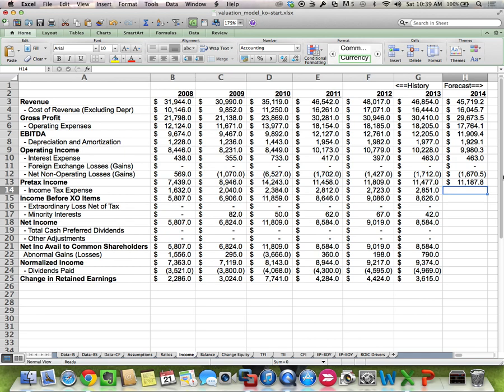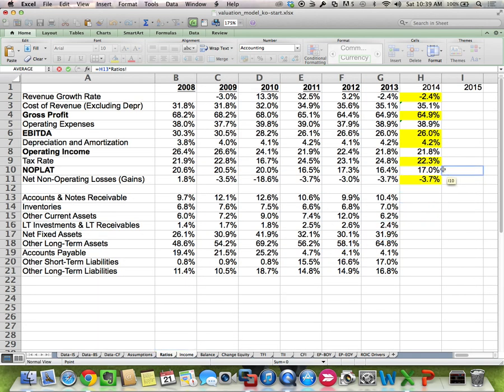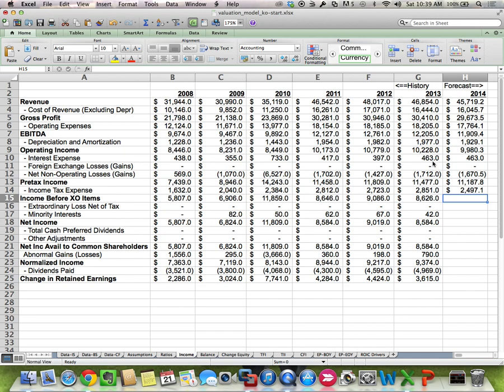Income tax expense equals the pre-tax income times, from our ratios, the tax rate that we just forecasted. 2014 forecasted tax rate. That's how much we were estimating to pay in taxes. Income before extraordinary items equals pre-tax income minus taxes. That's our income after tax.